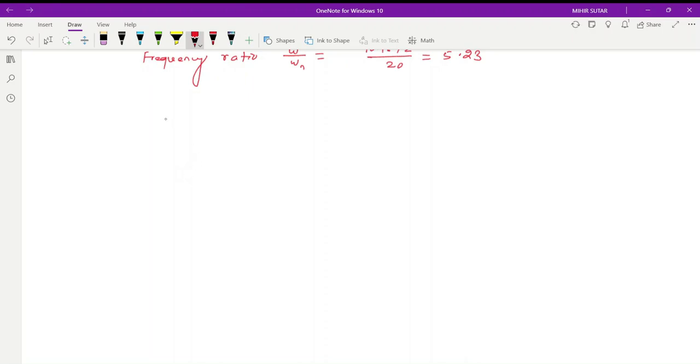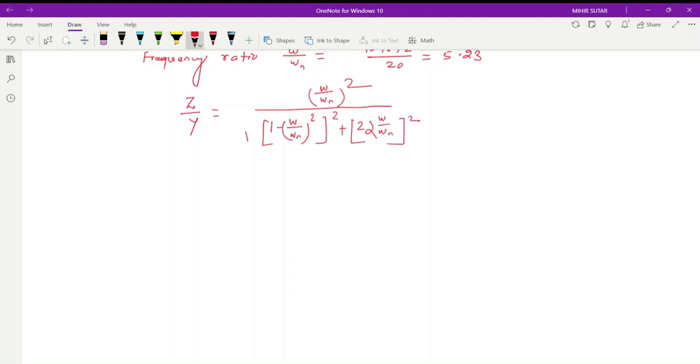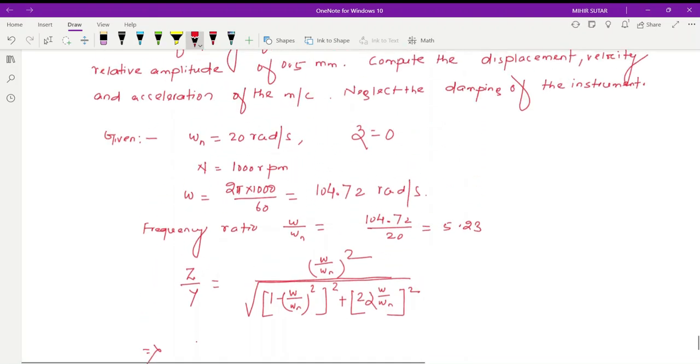Now to find the displacement, let us use this equation: Z by Y is equal to (omega by omega n) squared divided by the square root of [(1 minus (omega by omega n) squared) whole squared plus (2 zeta omega by omega n) squared]. Now Z is given as 0.5 mm in the question.